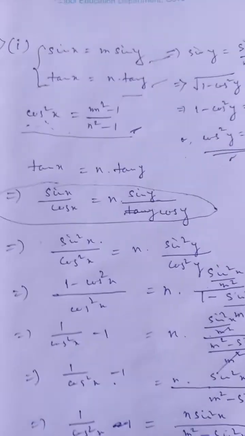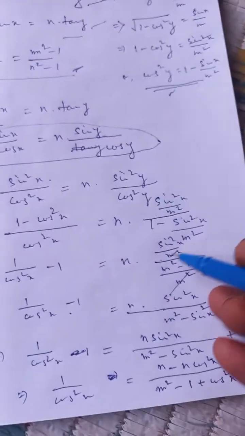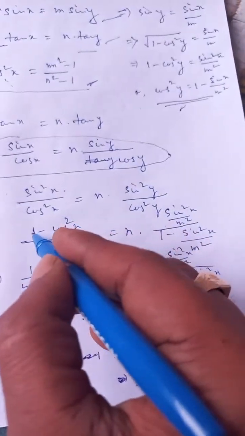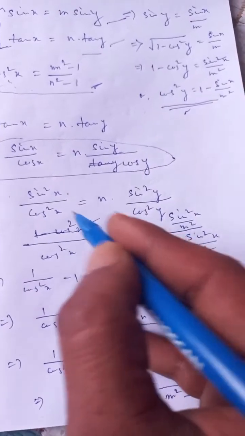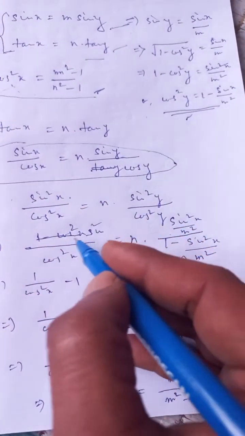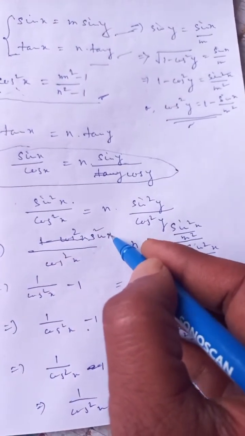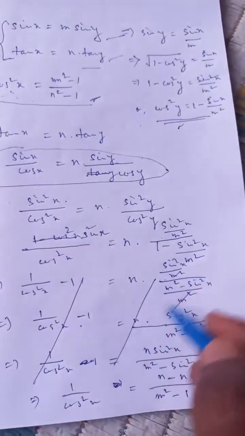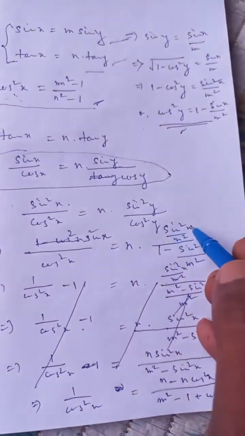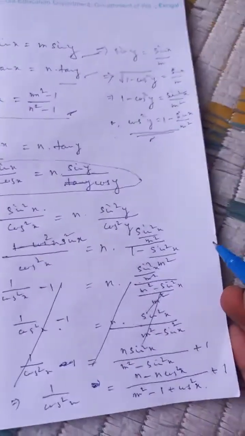Since it is becoming bigger, we can cancel here. We will not break it in the formula sin square x is equal to 1 minus cos square x, but we keep it in the same form, sin square x. Then sin square x is on both sides, so we can cancel each other.